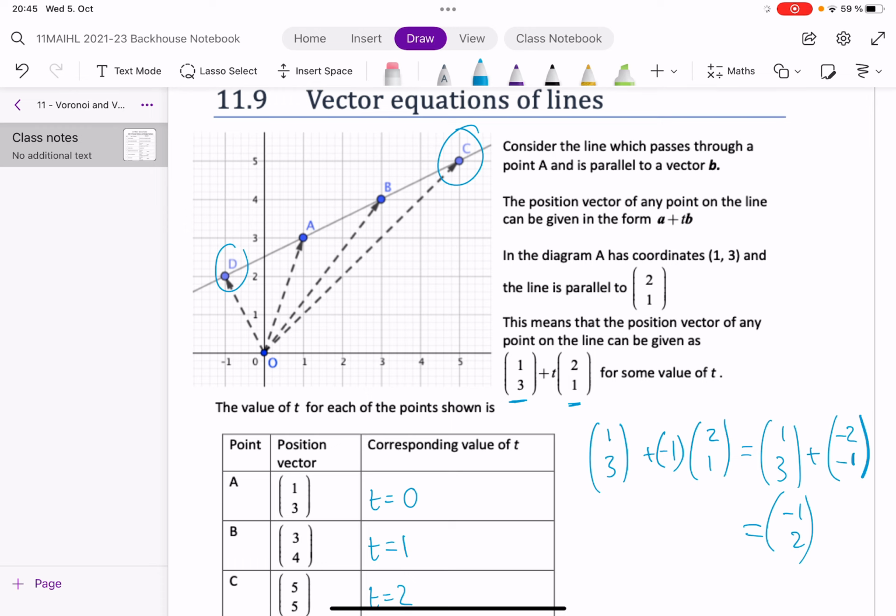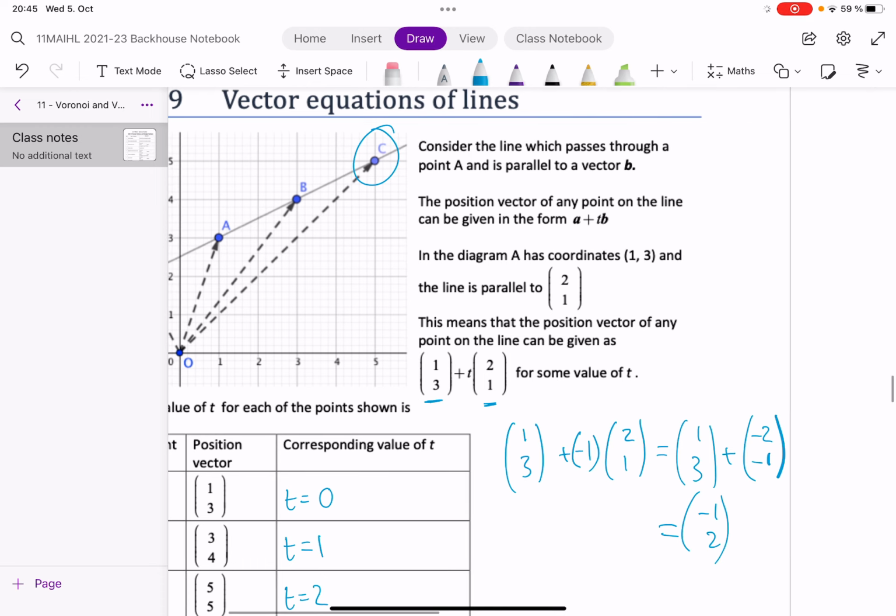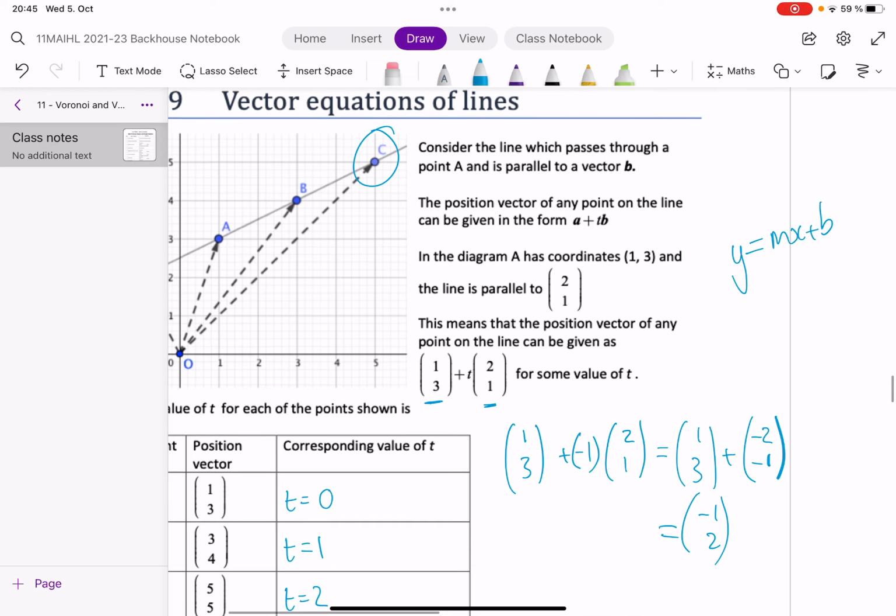So there are some similarities with our y equals mx plus b form of a line. You can see that t is our input here, which we usually think of as the x value. You can see that we've got this direction vector, called the direction vector because it tells us the direction of the line, and that links to the slope.